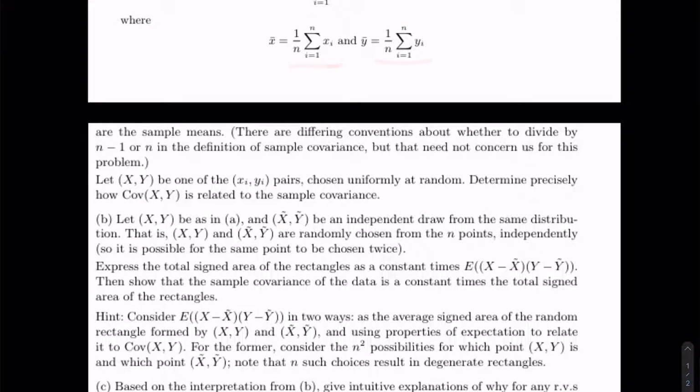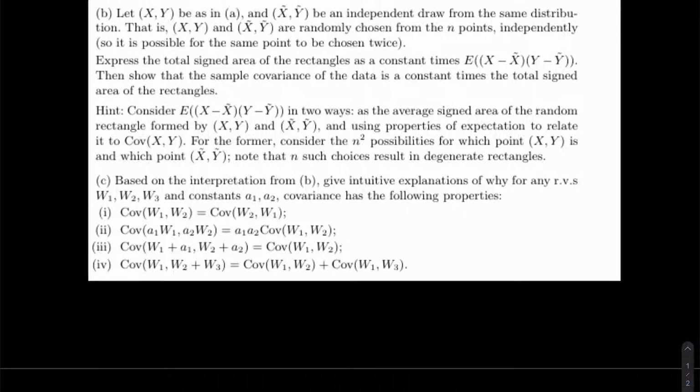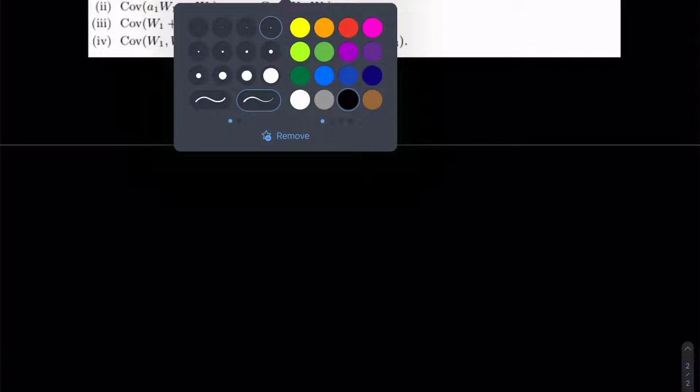All right, and so we're going to let x and y be one of these points. We're going to determine precisely how the covariance is related to the sample covariance. Okay, so let's start with that problem. There's a lot of information there. Let's try to break it down into pieces and see where that takes us.